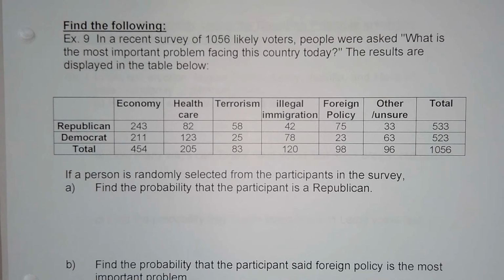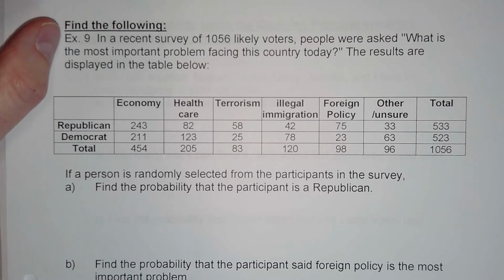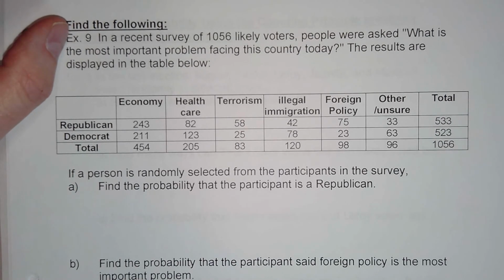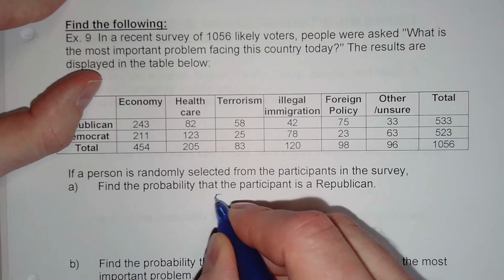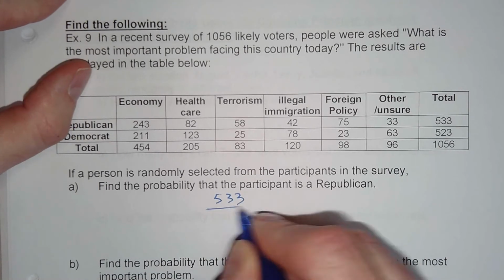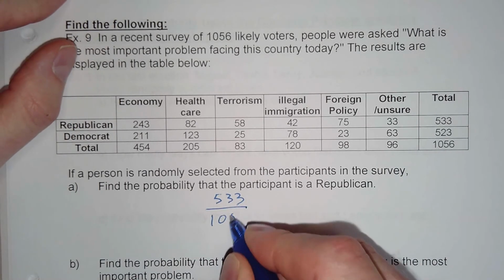This is exactly what we were doing earlier with the fractions in the previous section, but now we're doing probability. So if a person is randomly selected from the participants in the survey, find the probability that the participant is a Republican. All we're doing is writing the ratio of the Republicans to the total. So we have 533 over 1056.